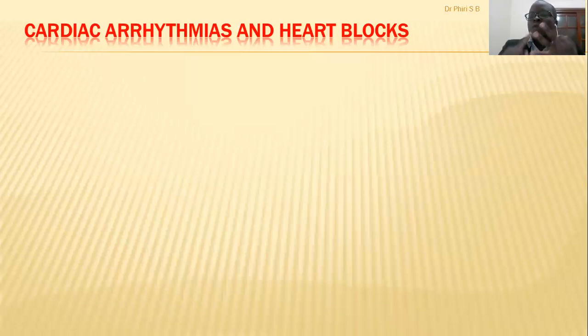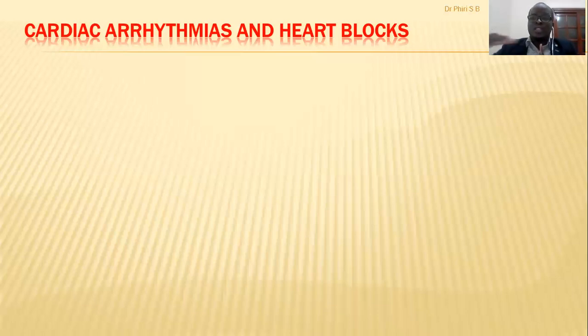And then we also had AVR, augmented voltage right arm. It's looking at the heart from the right arm downwards, at negative 150 degrees. Then we had AVL, which was looking at the heart from the left shoulder, looking downwards at negative 30 degrees. The AVF was at 90 degrees.